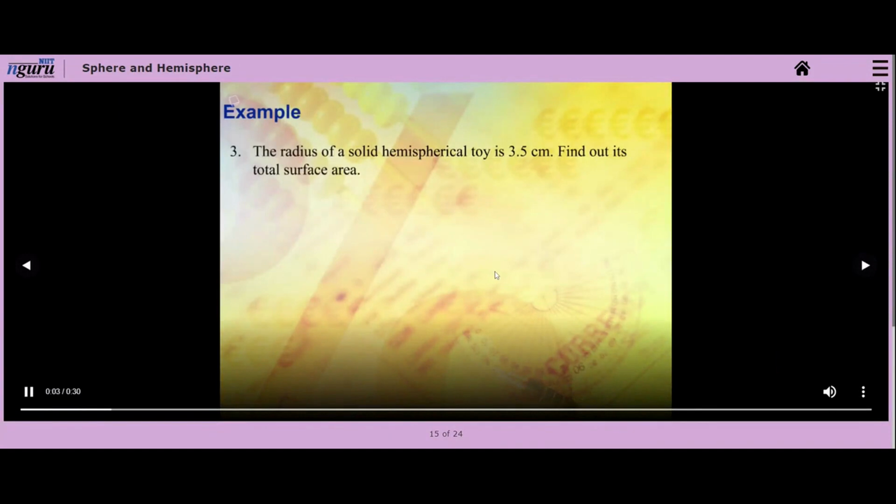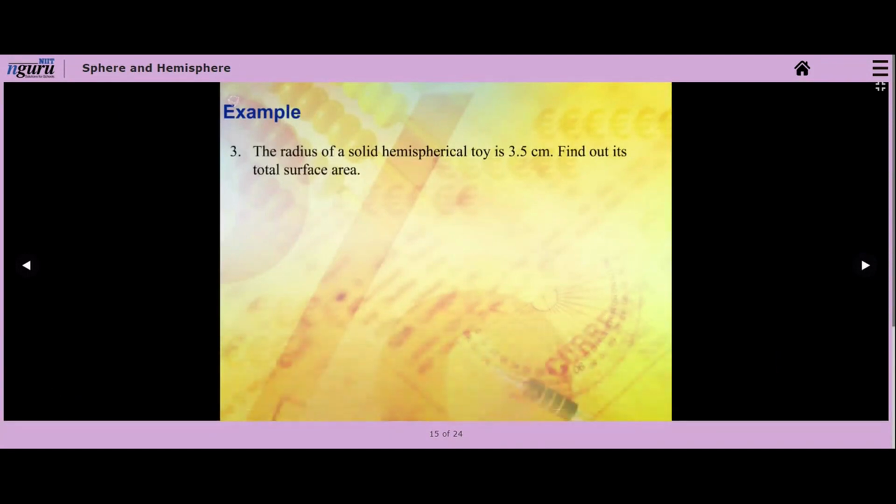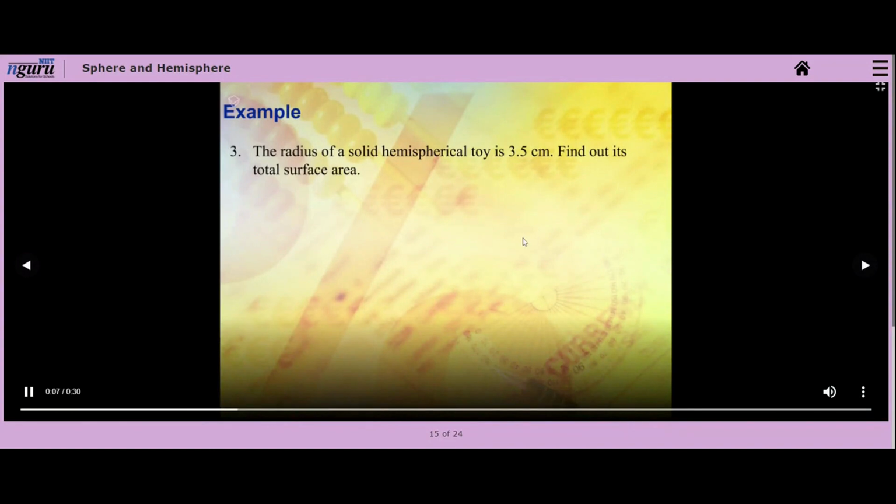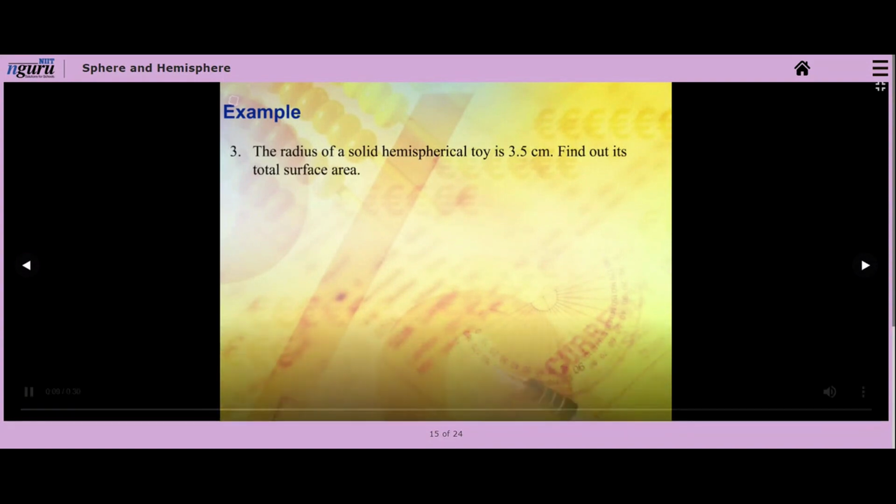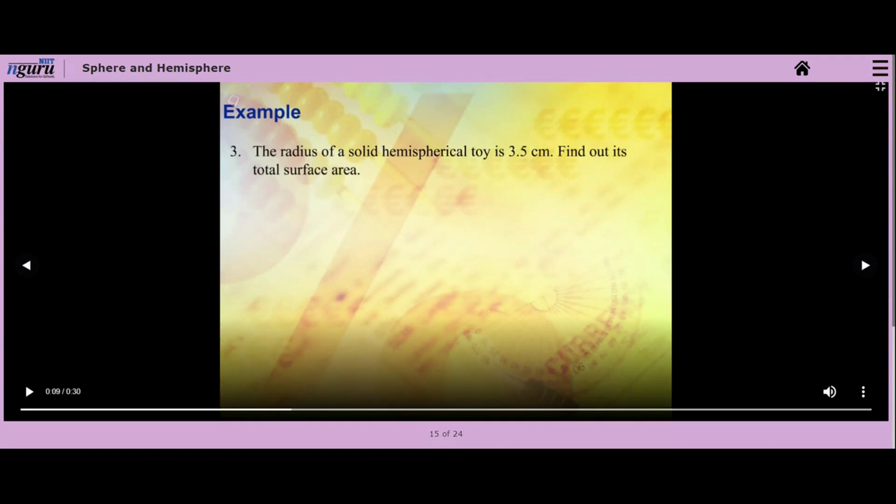Example 3. The radius of a solid hemispherical toy is 3.5 centimeters. Find out its total surface area. 115.5.